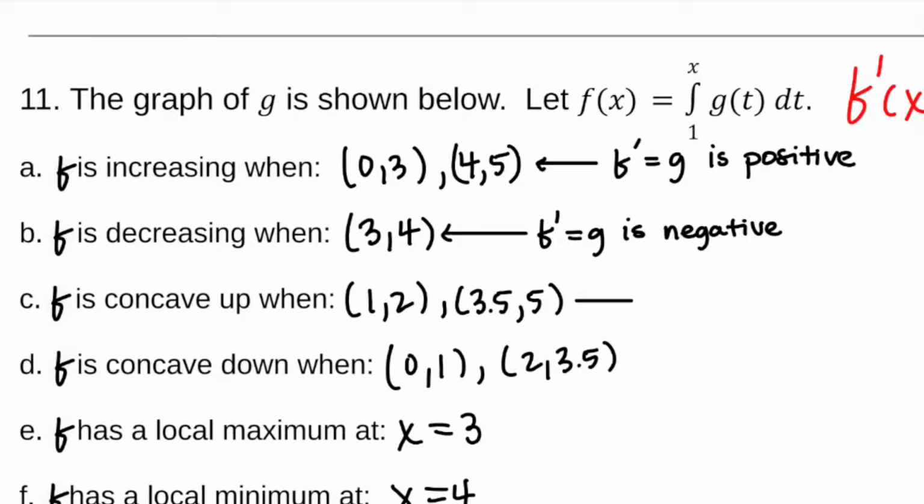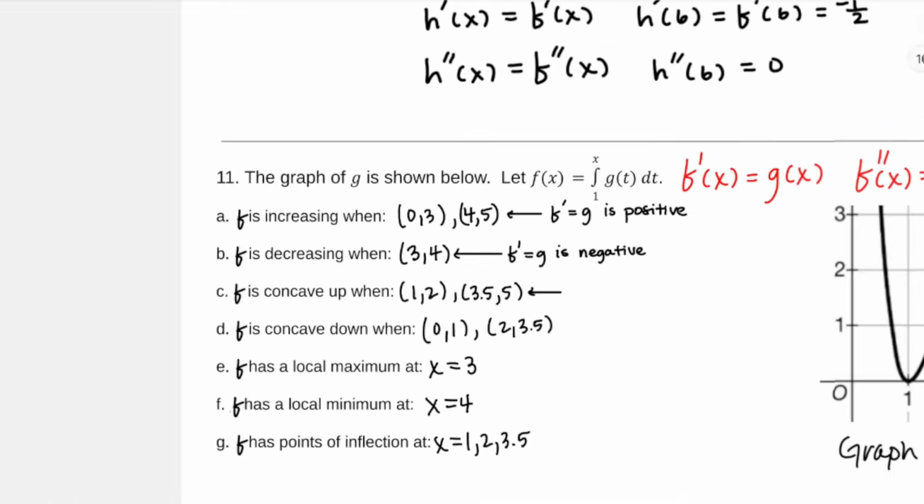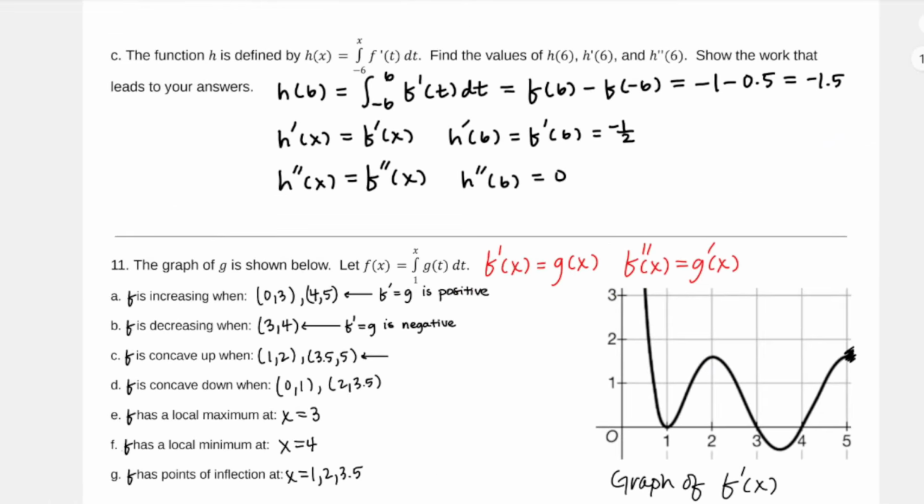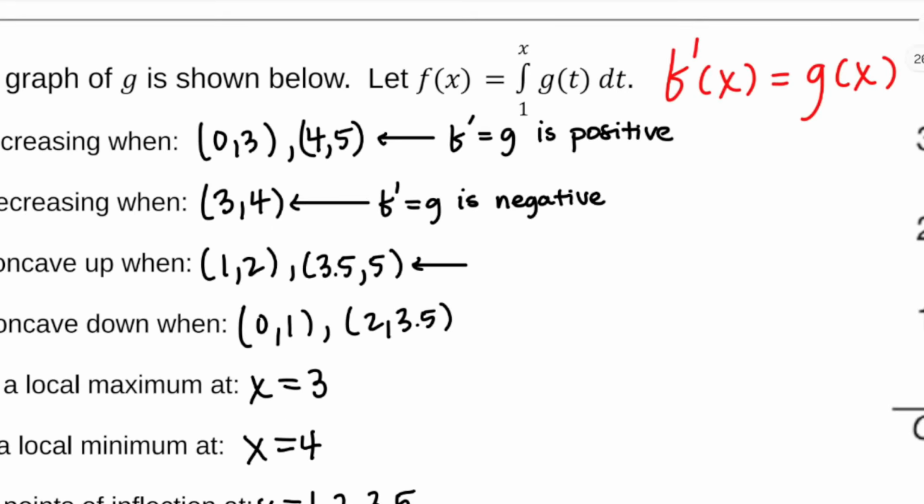For concave up and concave down, looking at the graph, what we saw was the increase-decrease behavior of the first derivative. So I'm going to say f prime equals g is increasing. For concave down, I'll say that it was decreasing.